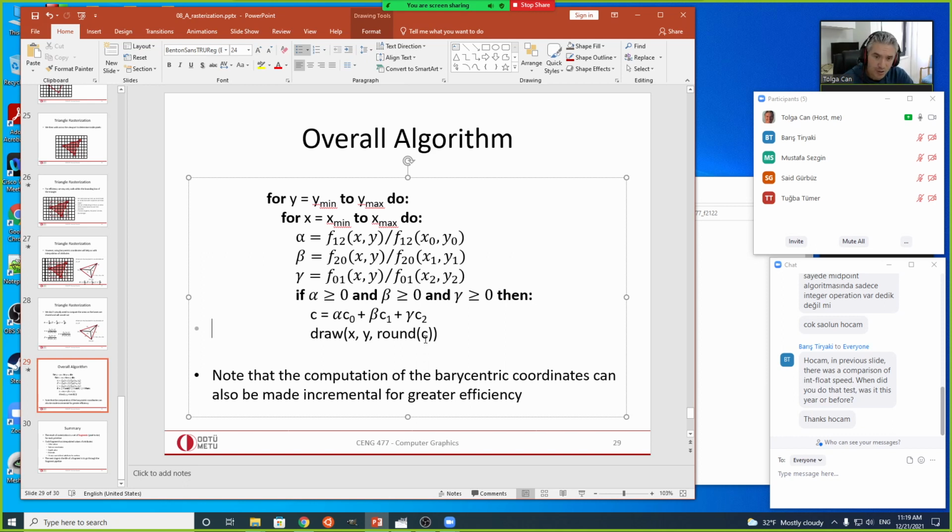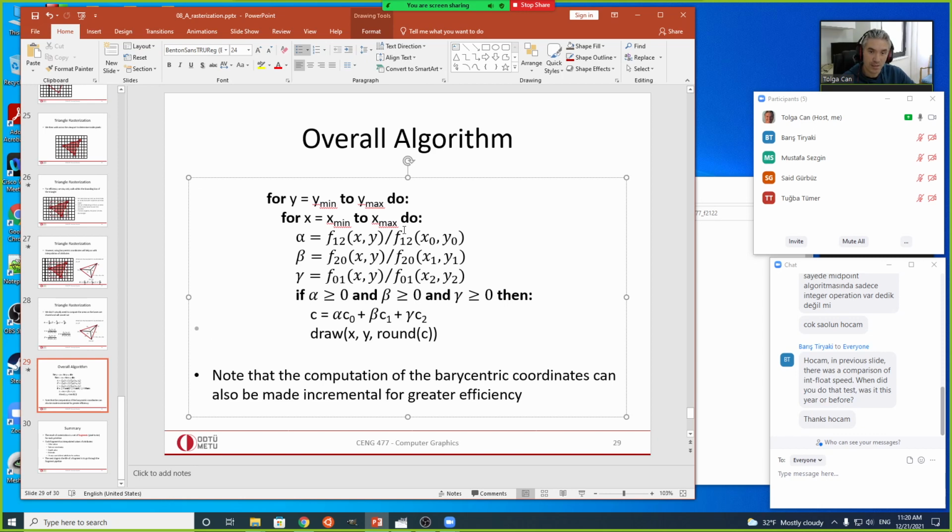And again, the computation of the barycentric coordinates may be made incremental for greater efficiency. What I mean is, when x is incremented one by one, how do alpha, beta, and gamma, your barycentric coordinates, change? What is the increment as you move along the scan line, along the horizontal line? If you know that, instead of computing them from scratch every time, you can just add those increments. And when you move to the next horizontal line, what should you update?